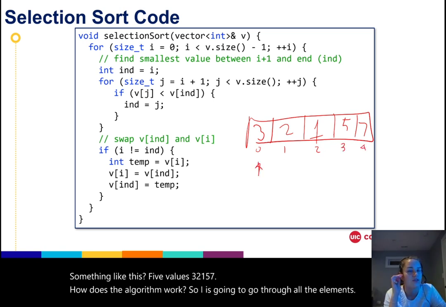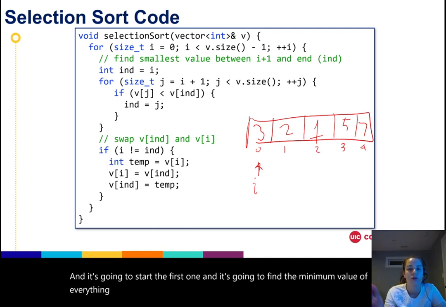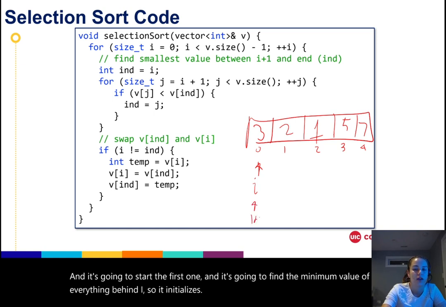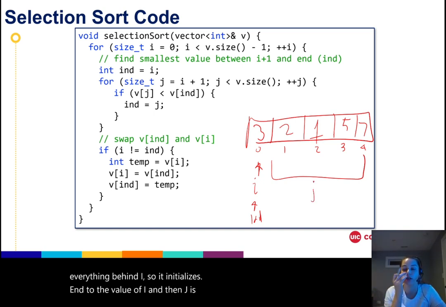It's going to start at the first one, and it's going to find the minimum value of everything ahead of i. So it initializes end to the value of i, and then j is going to be searching everything after it.